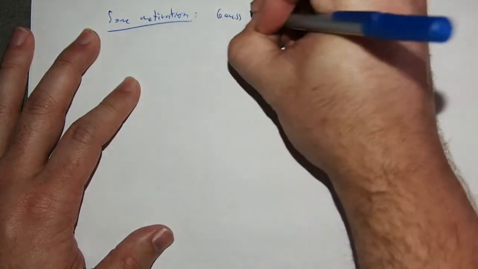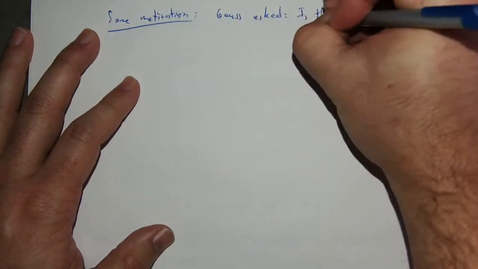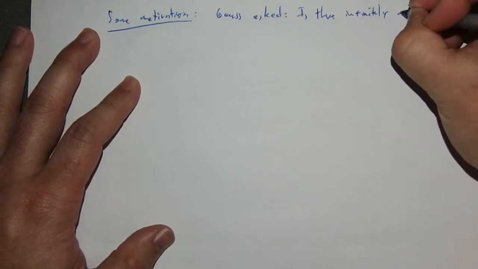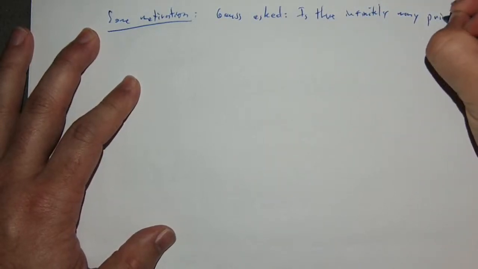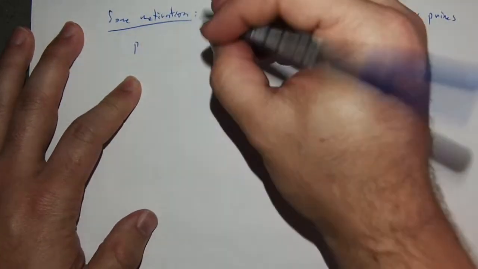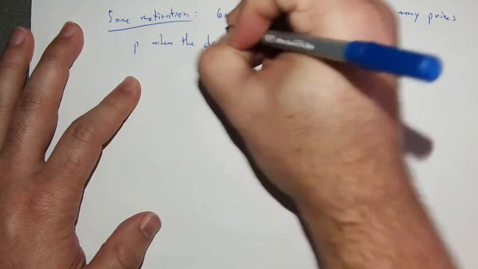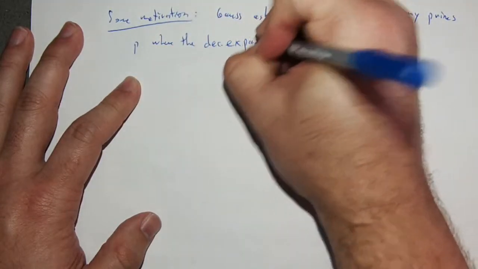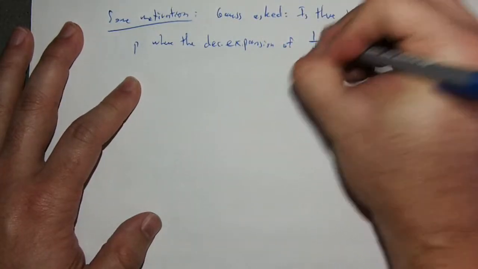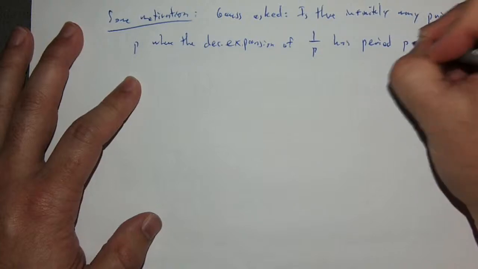So Gauss asked, is there infinitely many primes p where the decimal expansion of 1 over p has period p minus 1?